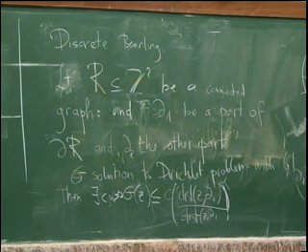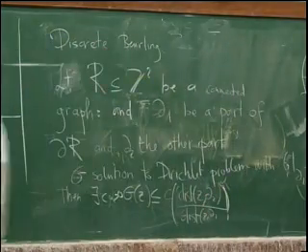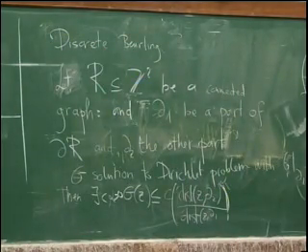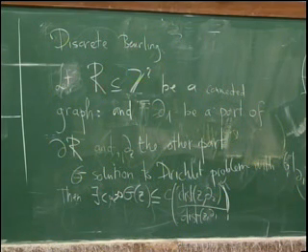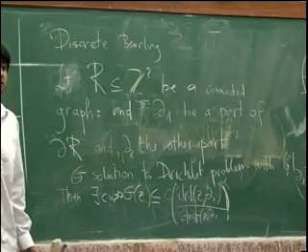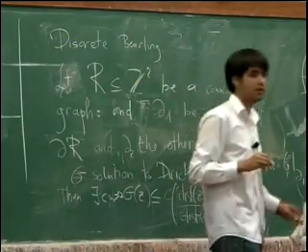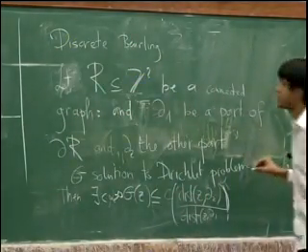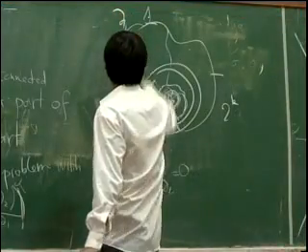Okay, you have questions? Yeah? Okay, sure. So what you want to show is that this function g is just the probability of hitting d1 before d2. This is d1, and this is d2.